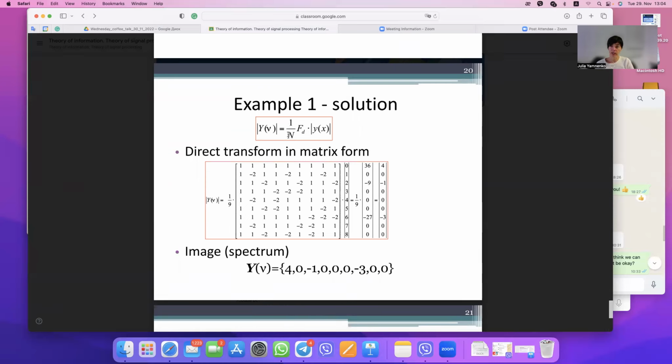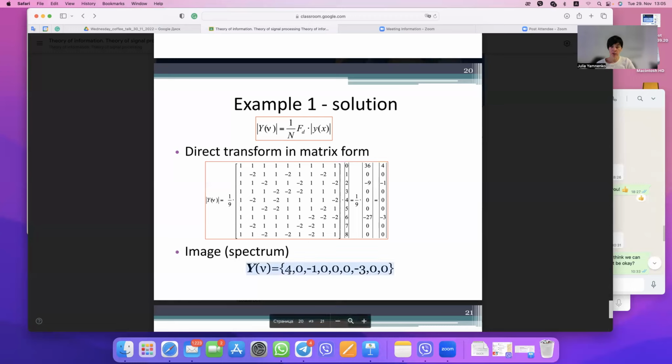We have 1 over n as a multiplier before the matrix. Our n is equal to 9, so 1 over 9 here. Then the 9 by 9 matrix that was already calculated above. And then we have the original function represented in the form of a vertical matrix column. And then just a very simple calculation. We multiply the first row by this column, then the second row by this column, and so on. And we will obtain a result.